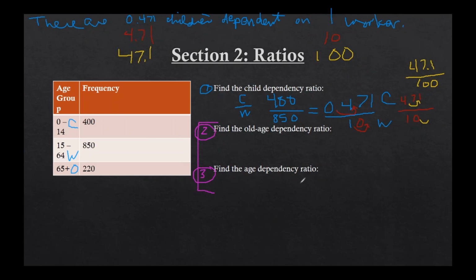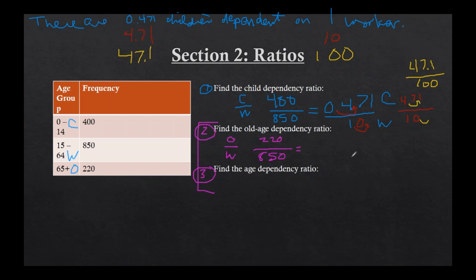So let's kind of go ahead and just walk through these for the friends of ours who will watch this later. So the old age dependency, remember, is old people divided by workers. So let's start with, can somebody just give me the fraction to start? All right, so we have 220 over 850. And again, semi-large numbers make it meaningless, so we go ahead and change that to a decimal.